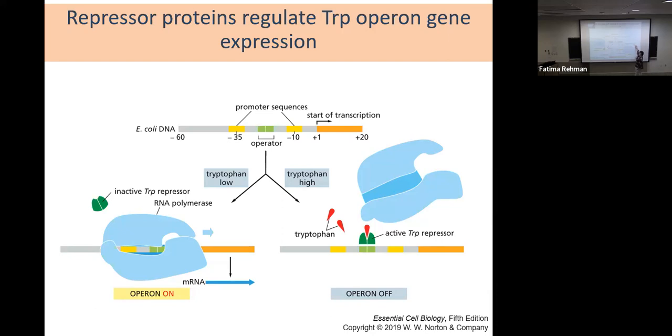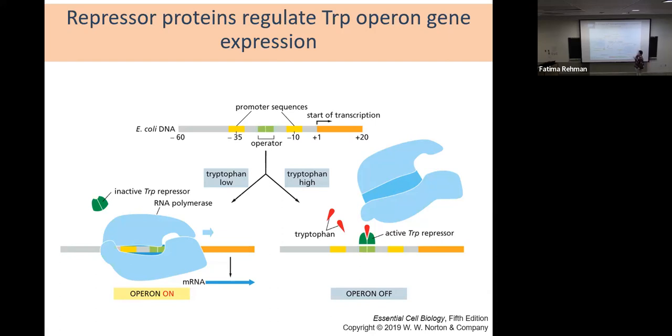It is inactive when there is no tryptophan around, right? So if there's no tryptophan around, this just runs around, does not bind to the actual sequence, and RNA polymerase is free to bind to this promoter region.